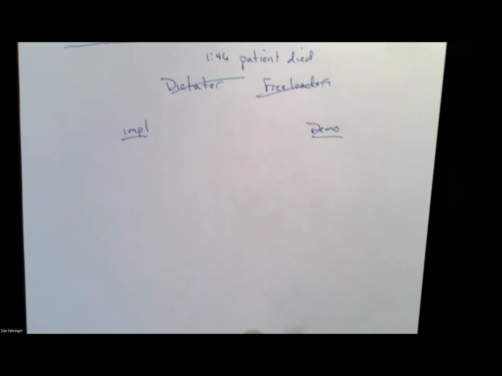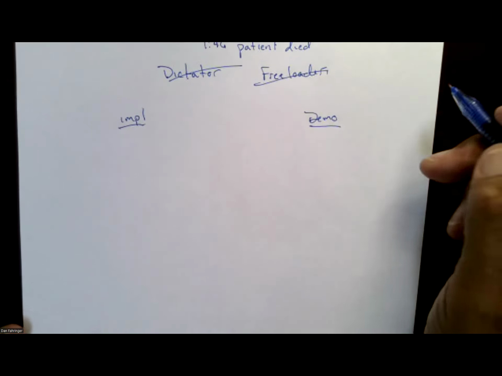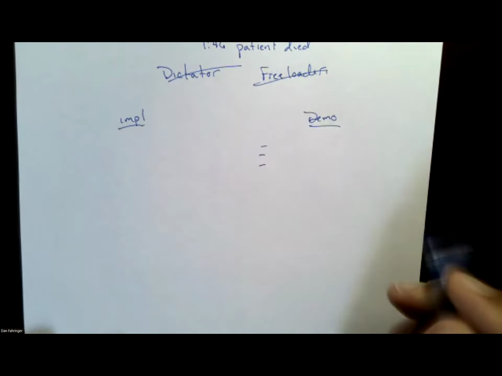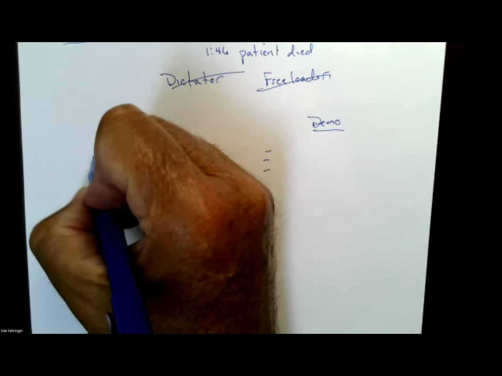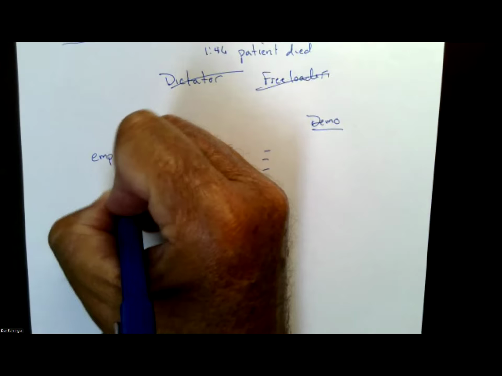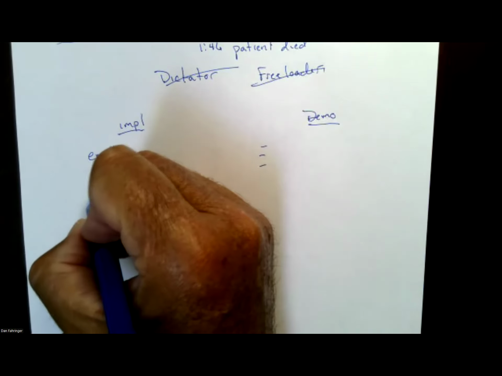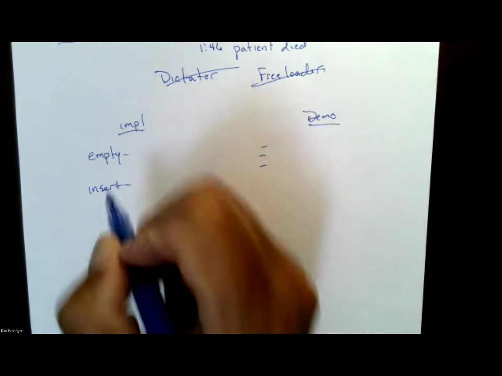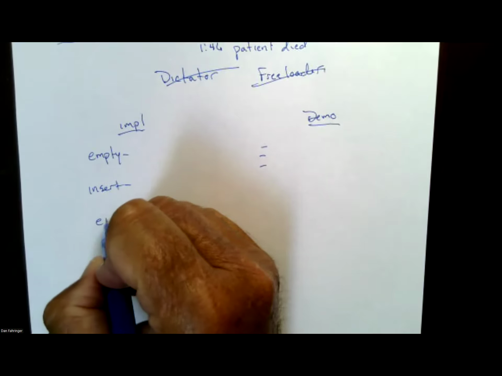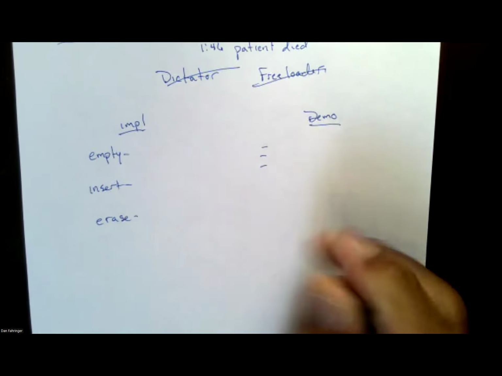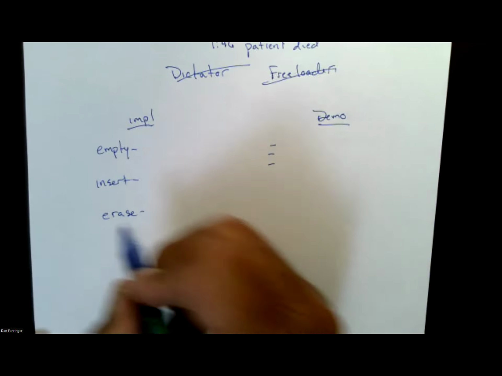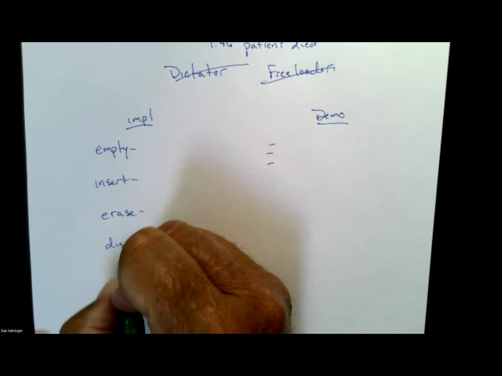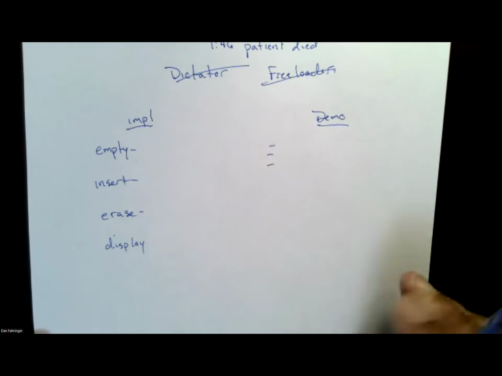Well, that would be easy. All right, so I need some names for a demo file. Empty's pretty easy. We're going to have a couple people working on insert, not dessert. It'd be nice to have dessert. A couple people working on erase, and a couple people working on display.